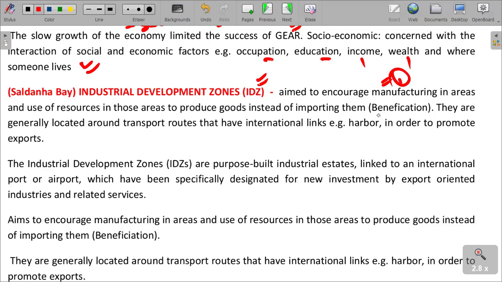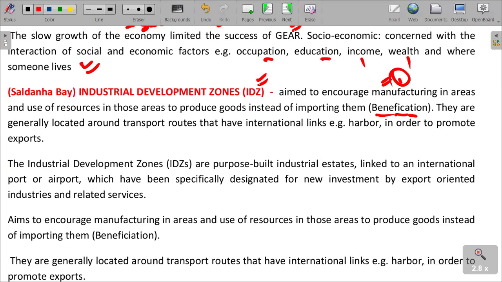The beneficiation process or strategy: what the industrial development initiative actually aimed at was improving the local industrial base, ensuring that certain underdeveloped places or zones are given the capacity to produce and manufacture in order to supply within those areas.